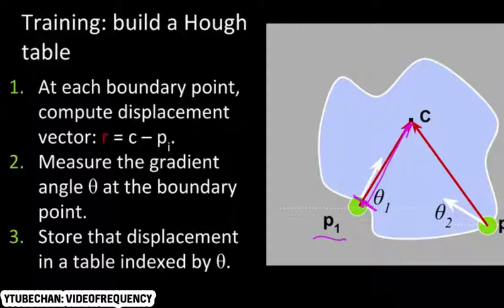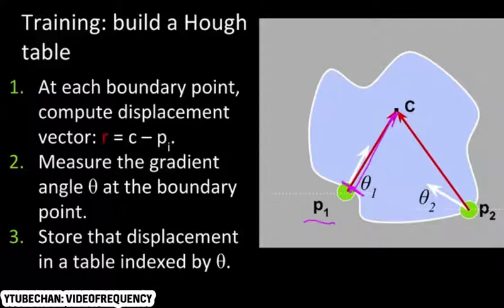And we take that R and put it into a table that's indexed by theta. So if we had some other point that had the same theta, it would also add its R to exactly the same table location. So you would have multiple displacements, and I'll show you an example of that in a minute. But the idea is that you create the R based upon the offset, and then you index it by theta.